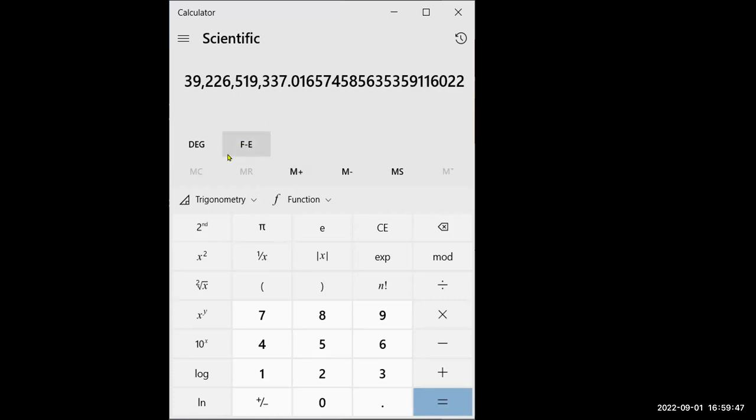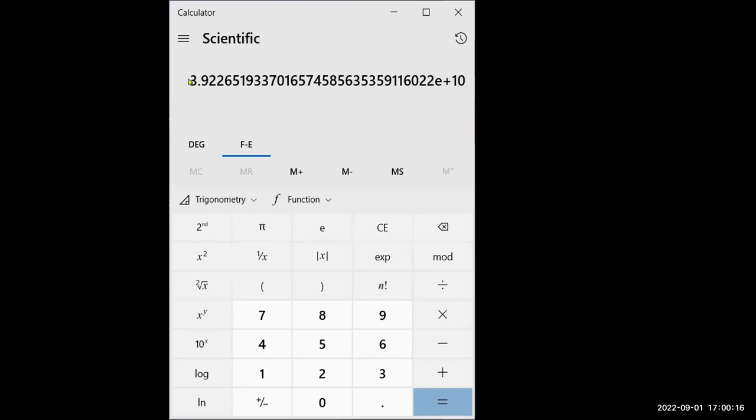Some calculators have an F-E button, a toggle to go from scientific notation back to floating point, so this is the floating point number written in longhand, or I can go back to scientific notation and toggle that button. Your calculator may have an ENG button, engineer, that kicks it back into scientific notation.